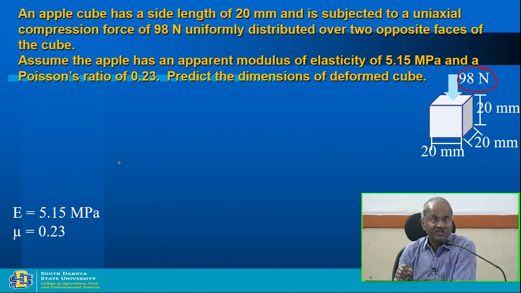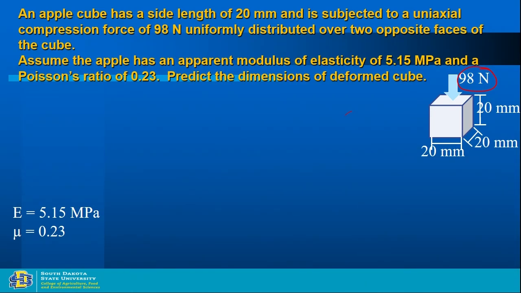From there you can calculate the strain in one direction. You have the Poisson ratio, so you can find the strain in the other direction. And from that you can find the dimensions of the deformed cube. Make sense? Let's do it one by one.